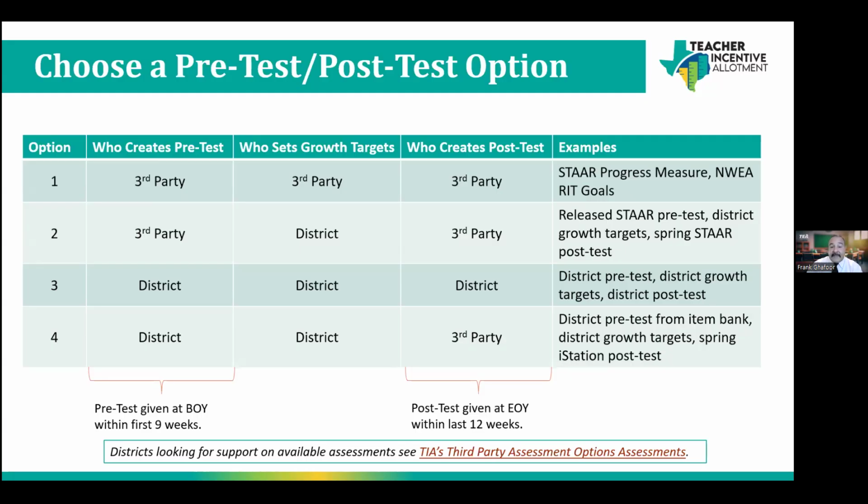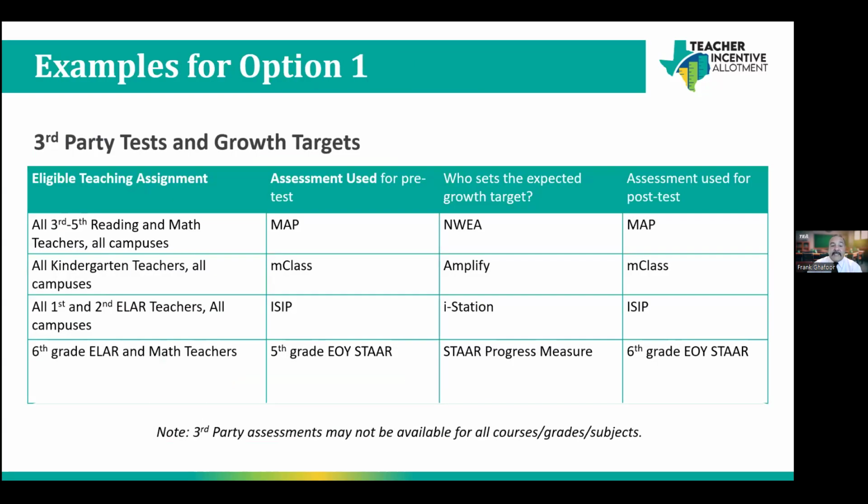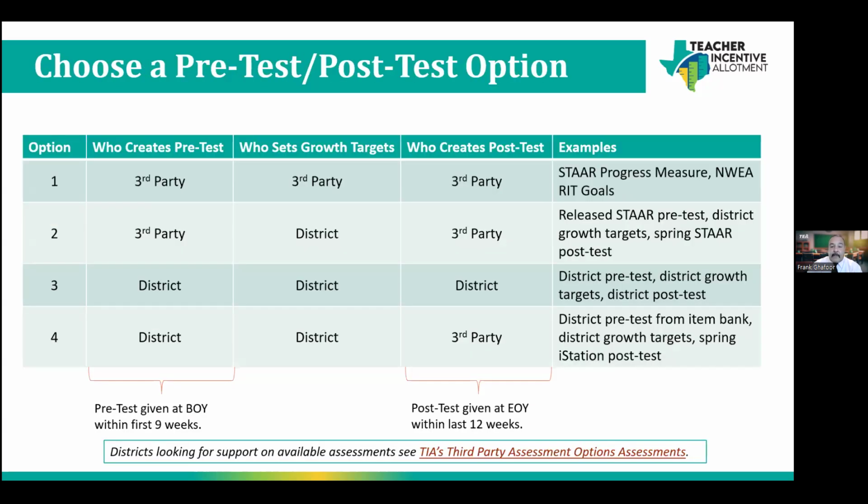With option three, that's our in-house option. The district is creating both the pre and post test. They are also setting growth locally. You often see this used in courses that don't have an assessment, like physics.